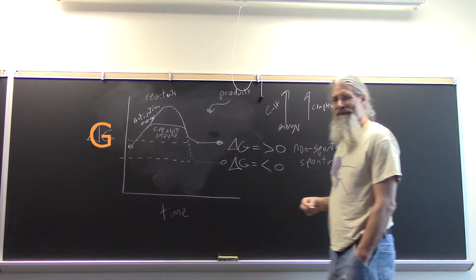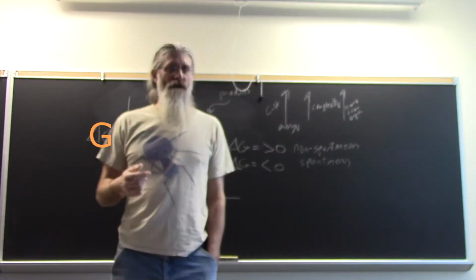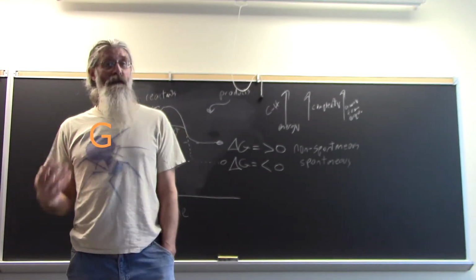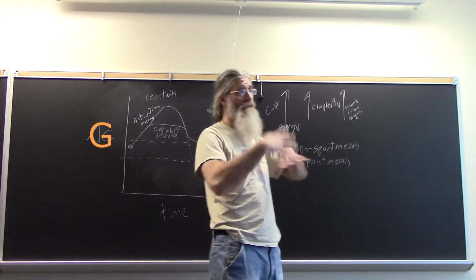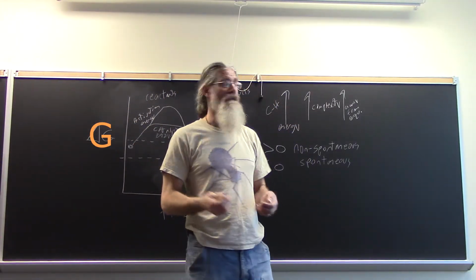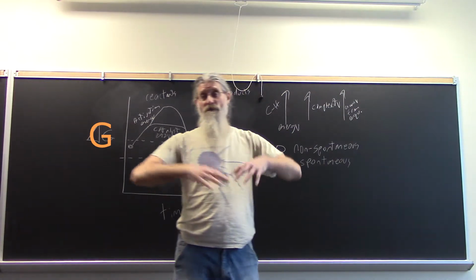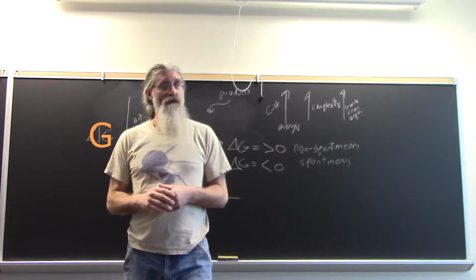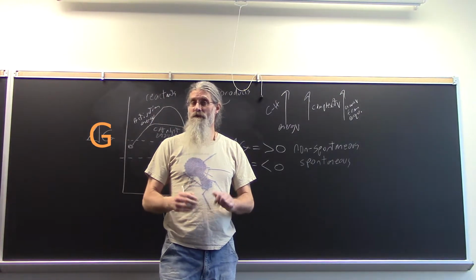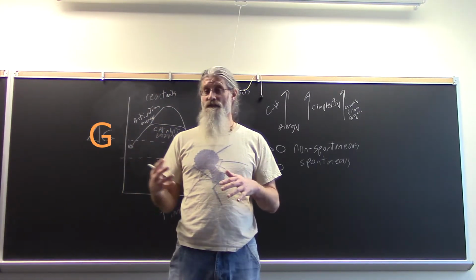And all those things are making the system more complex. If it's holding more energy, if it's a more complicated structure like a protein is, or if you've perturbed it farther away from equilibrium, that all increases the Gibbs free energy associated with the molecular system.